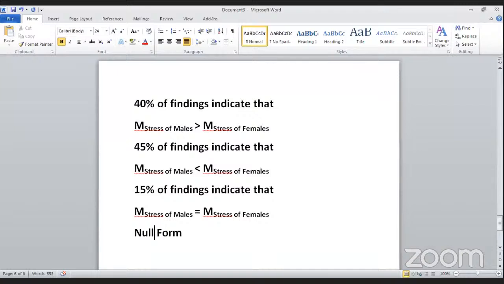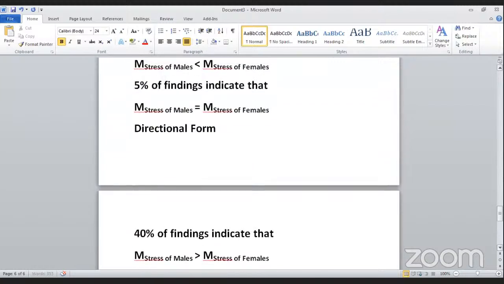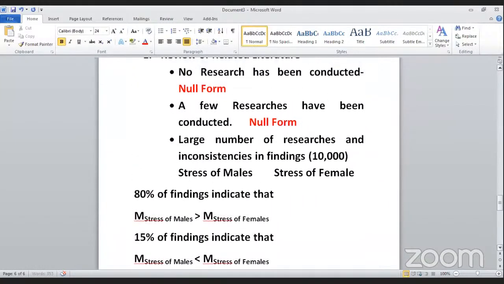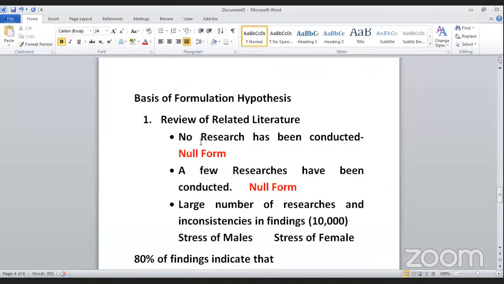So I hope you have understood it, that if you want to use review of related literature, and if you find no research has been conducted, then you have to formulate hypothesis in the null form. Whether you want a research hypothesis, statistical hypothesis, or operational hypothesis, it doesn't matter. But the form has to be the null.